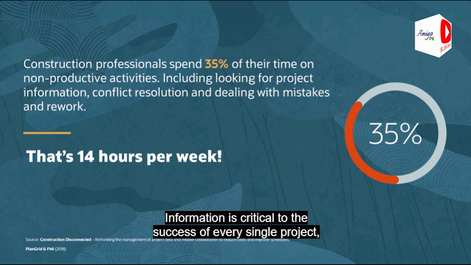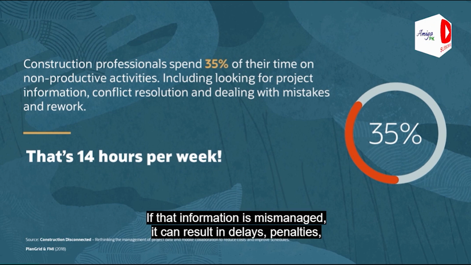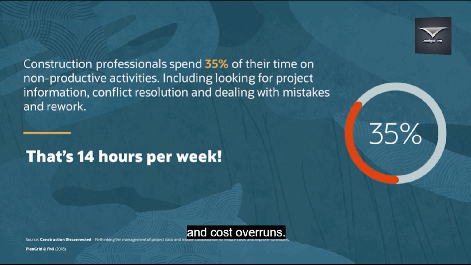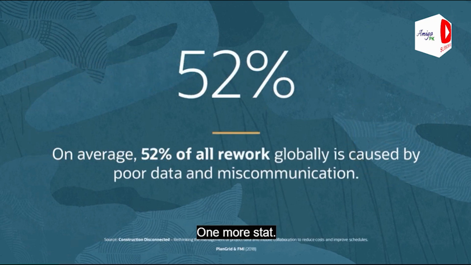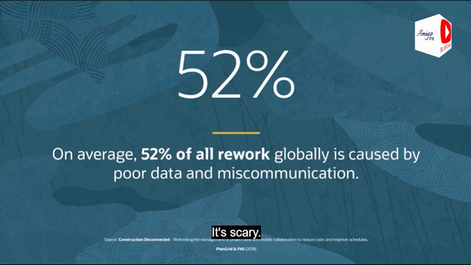Information is critical to the success of every single project, from the biggest to the smallest. If that information is mismanaged, it can result in delays, penalties, and cost overruns. One more stat. Over half of all rework is caused by poor data and miscommunication. It's scary. So where do we start?